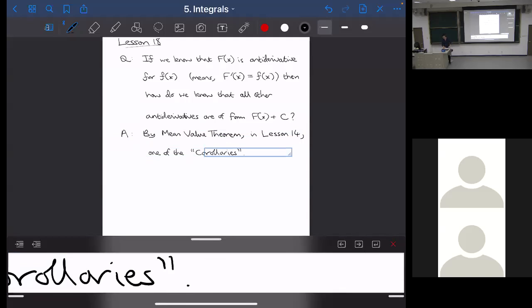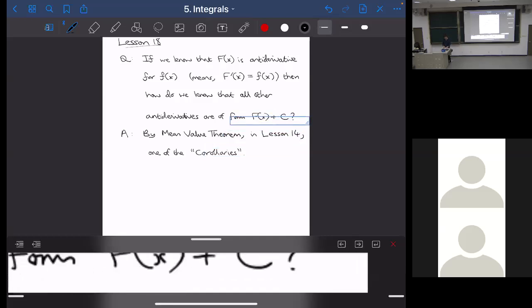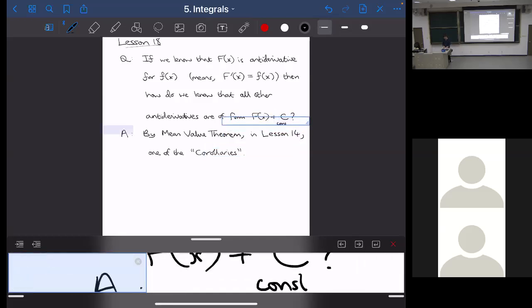So I won't go through the argument again now. If you are interested, you can look back, but the thing to remember at this stage is the definition of derivative, and that if I know one antiderivative, I know them all. They are just of the form F(x) plus C, where C is a constant.